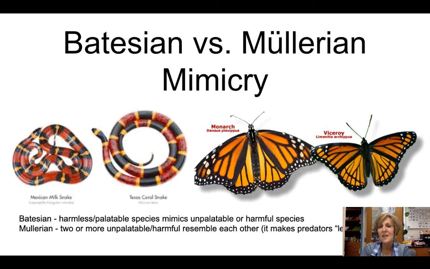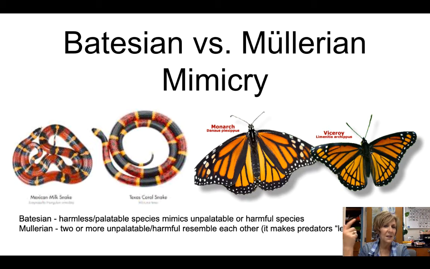Batesian versus Mullerian mimicry. So this is always a hard one to remember. But Batesian mimicry is where you have some harmless or palatable species. So palatable means that it tastes good to be eaten, that mimics an unpalatable or harmful species, right?